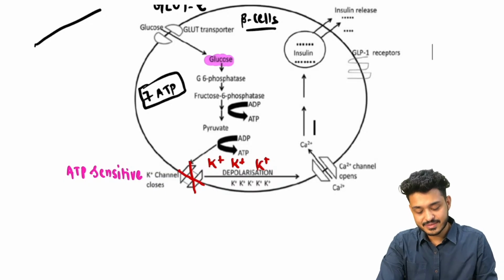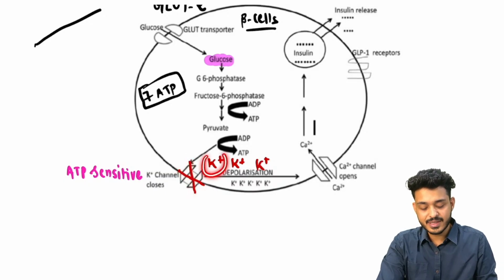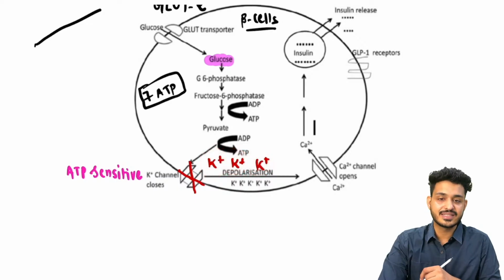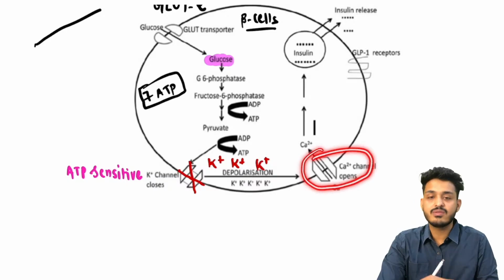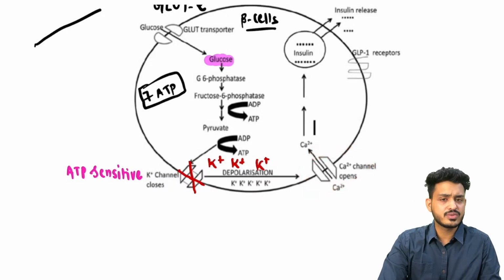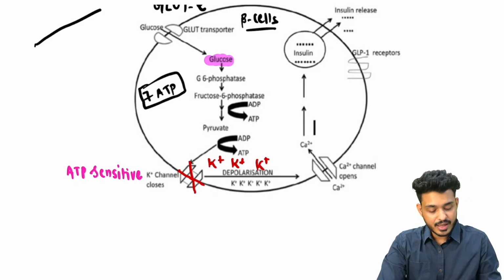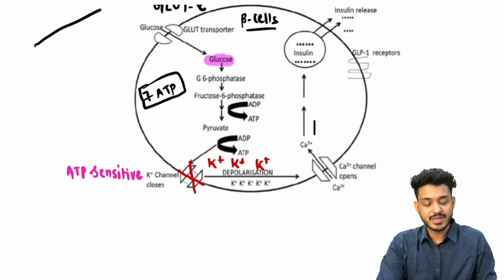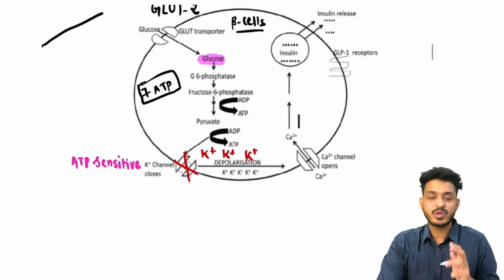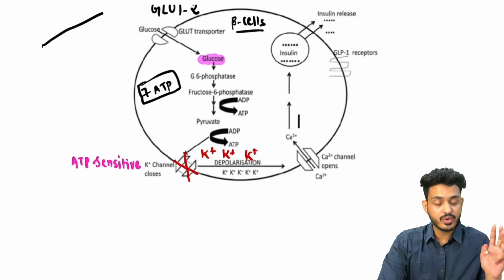As soon as this potassium channel is blocked, what will happen? This potassium will be staying inside, right? And this cell will be depolarized, and because of depolarization, this calcium channel will open. All these things are very important. Once you understand this, it will be very easy for you, right? Because of depolarization, calcium will come inside, and I am telling you 3 things about calcium that you need to remember throughout your life.